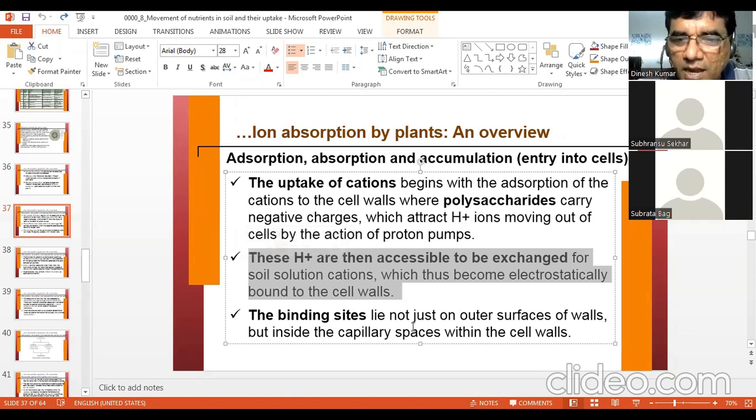The binding sites lie not just on the outer surface of the walls, but inside the capillary spaces within the cell walls.